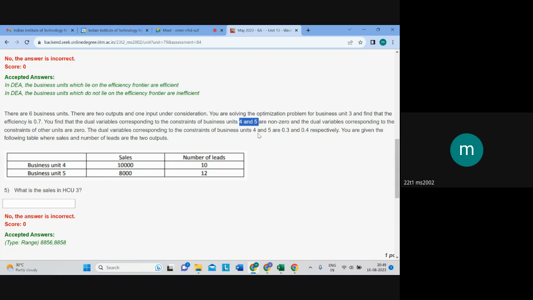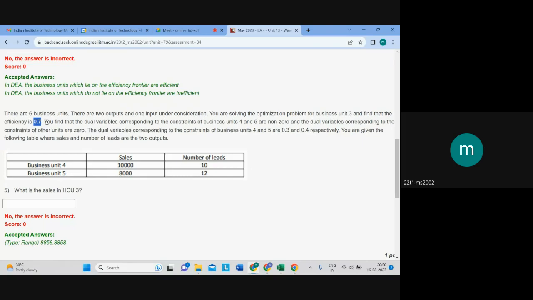That line is somewhere between DMU 4 and DMU 5. These are called reference units for business unit 3, because business unit 3 is inefficient. The efficiency is only 0.7.